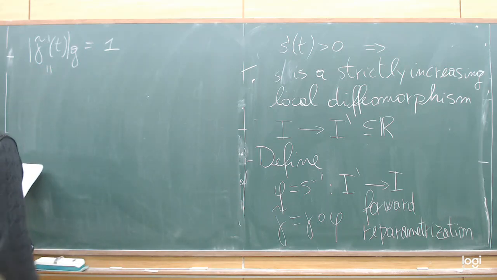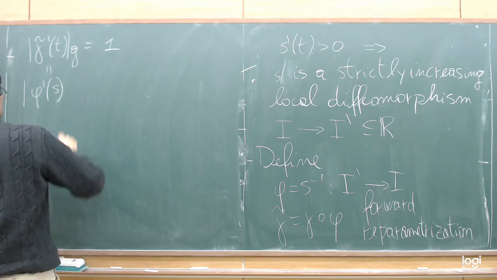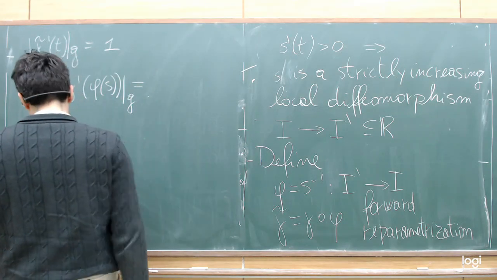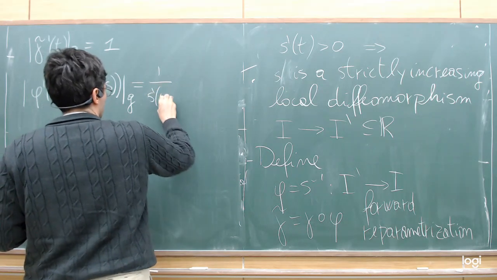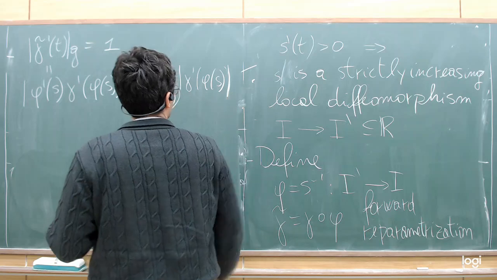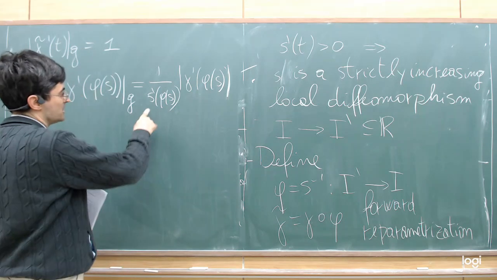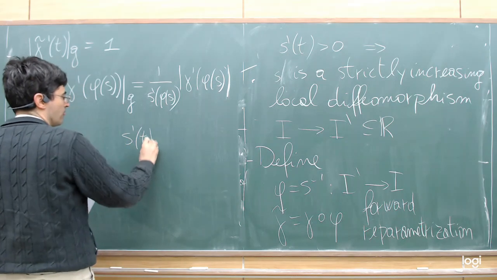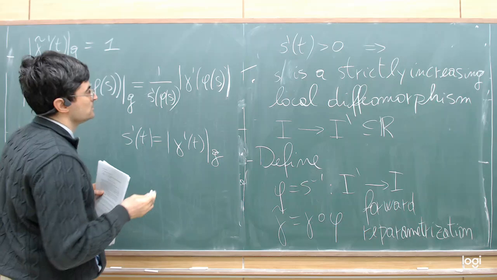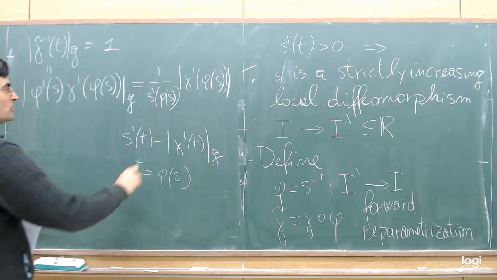But this is equal to phi prime of s times gamma prime of phi of s, and this is equal to 1 over S prime of phi of s times gamma prime of phi of s, and this is equal to 1 because S prime is this, and of course it keeps being true if t is phi of s. So this is equal to 1.